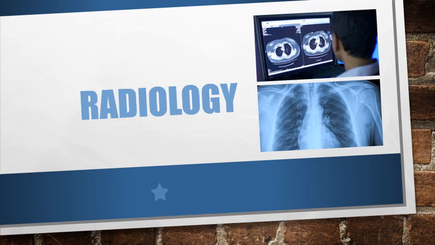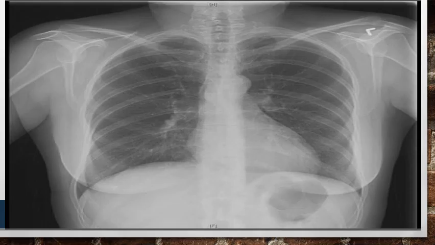As regards radiology, we will have certain radiological samples of the patients you may face in the ER and the clue to diagnose them. This chest X-ray is considered a normal chest X-ray without any disease. As we see, these are both lung fields. This is the right lung and the left lung.